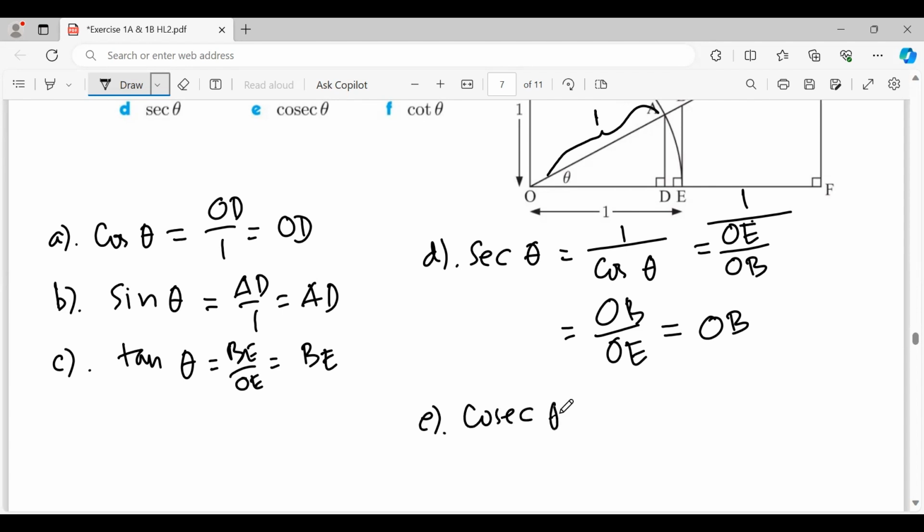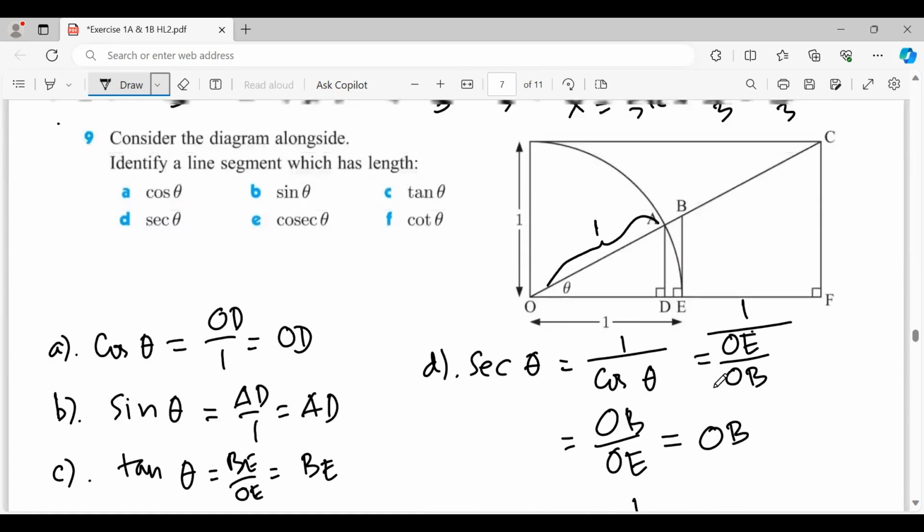Cosecant theta is 1 over sine theta. Sine theta is CF over OC.